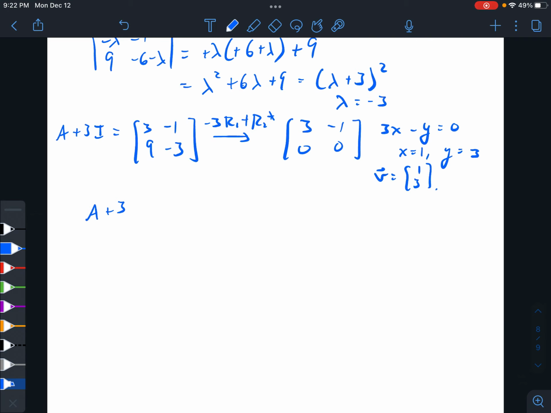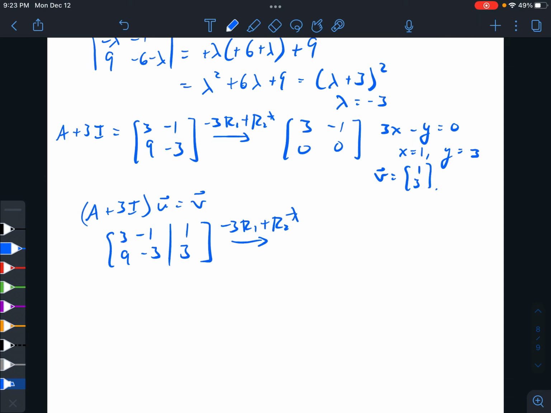So we need A minus lambda I times u equal to that vector v, which is (1, 3). So (3, -1; 9, -3) times u is equal to (1, 3), which we could throw into an augmented matrix and then just row reduce. We're just going to do -3 row 1, add it to row 2.